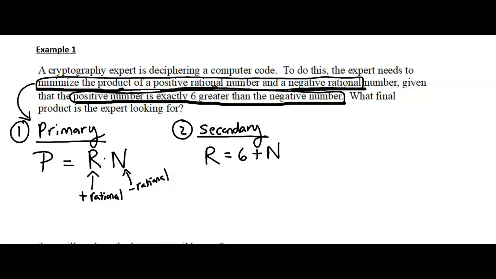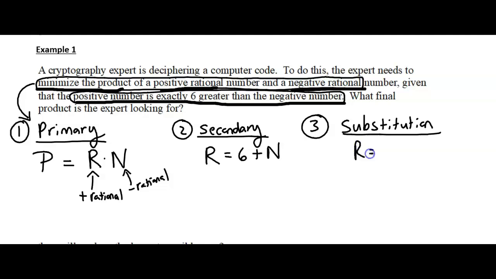All right, now for step 3, we're going to do the substitution method. I didn't write it like that in the steps above, but that's essentially what it is. In the substitution method, you start by getting a variable by itself in the secondary equation.